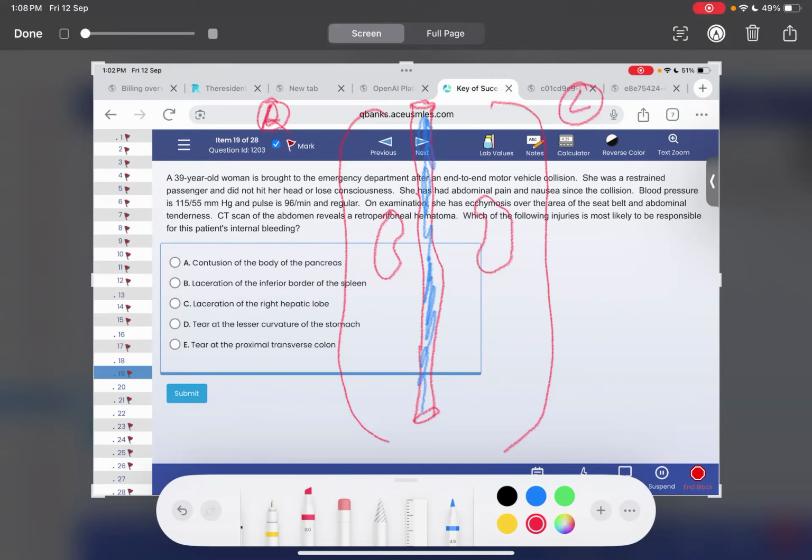Have you got the point? Now I will only draw the structures that are retroperitoneal: the pancreas, duodenum, kidney, suprarenal.